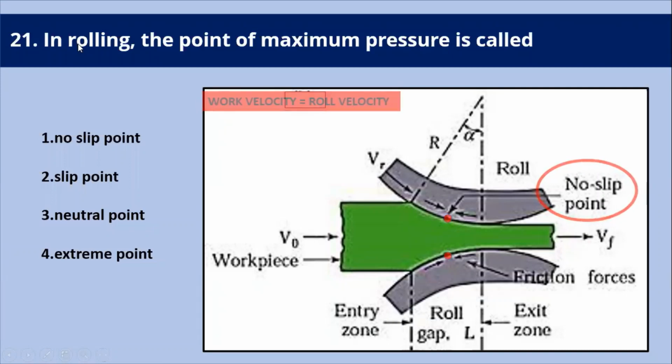So in rolling the point of maximum pressure is called the no slip point, where the working velocity is always equal to the roll velocity. That's why our answer is 1, no slip point.